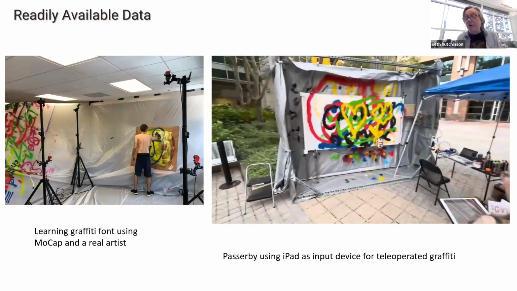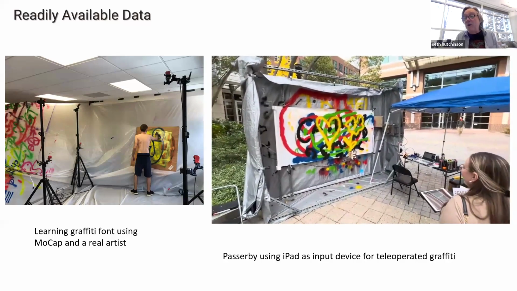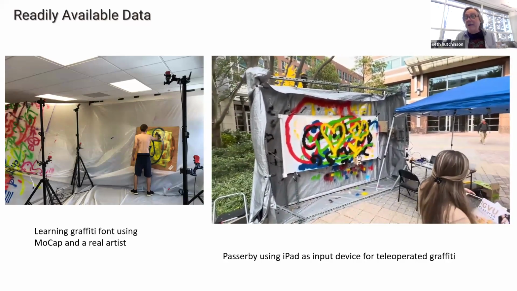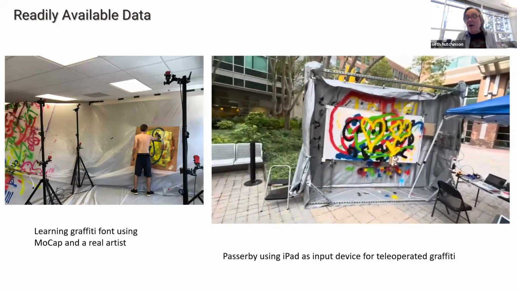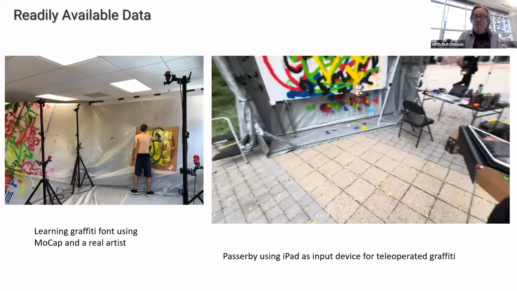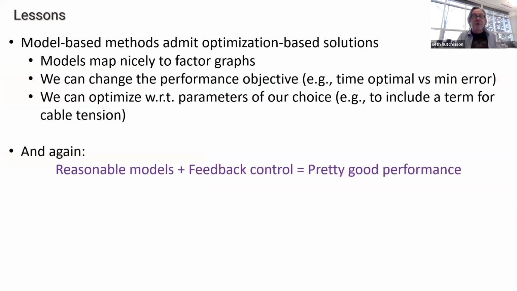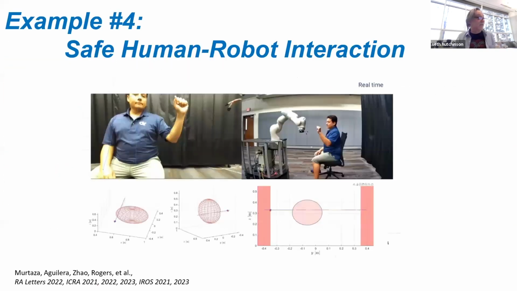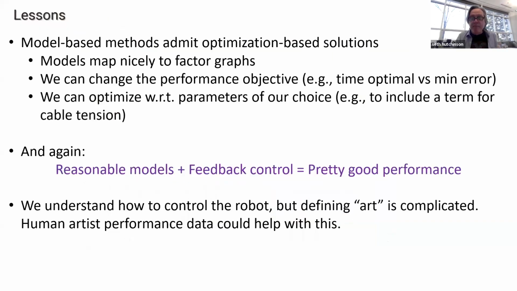And part of that is because we understand the model pretty well. I mean, these parallel cable-driven robots, we know how to write down the equations and model them. There's not a huge need for learning about that system, right? And that's basically what this says. And again, reasonable models, feedback control gives you pretty good performance.